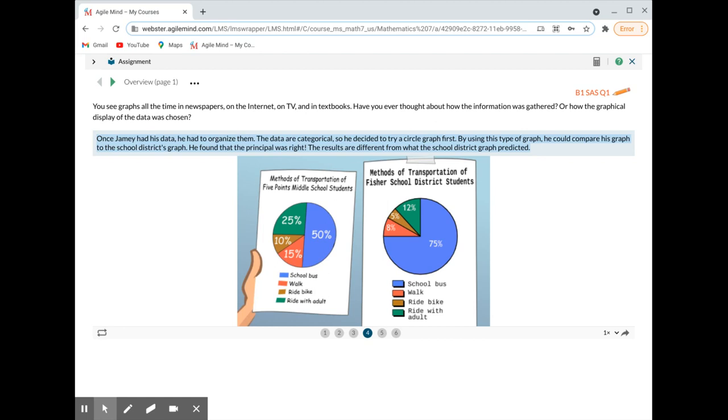The middle school students, 1/4 of them ride with an adult. But when you look at the school district transportation, how many percent are doing that? 12. Only 12%. Is that 1/4? No, it's not. So would that be true or false? False. All right.